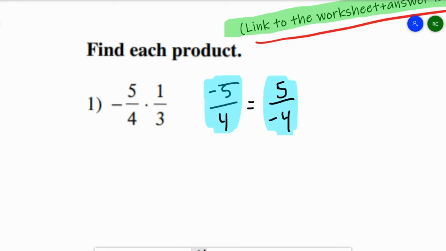These are the same value, so it doesn't matter where you put the negative, but you cannot put the negative on both. Because, as we said a few videos ago, a negative times a negative equals a positive, and division is really just multiplication of reciprocals, right? So this negative divided by negative is still positive 1.